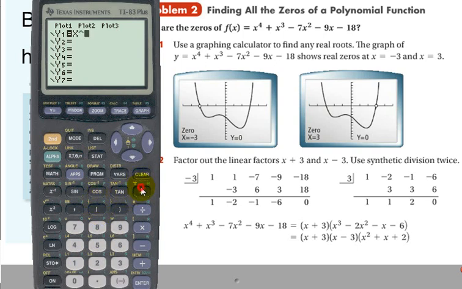So x caret 4 is x to the 4th, plus x cubed minus 7x squared. So again, there is a square button, but I like to use the caret sign to keep it consistent. Minus 9x minus 18.